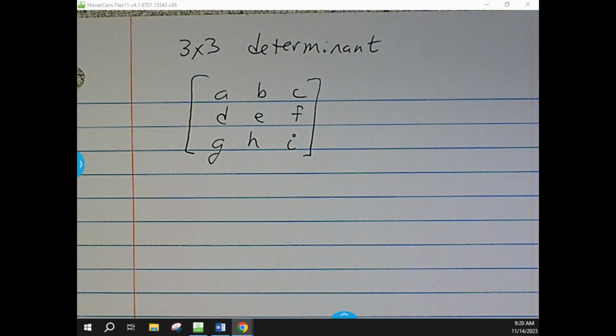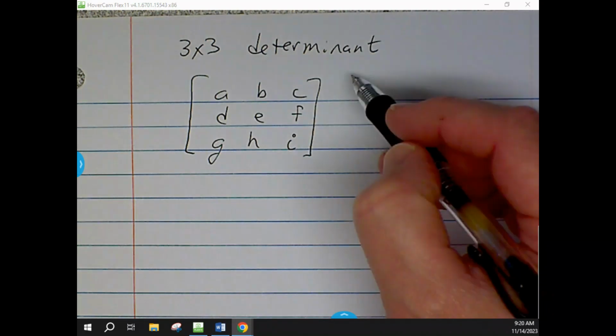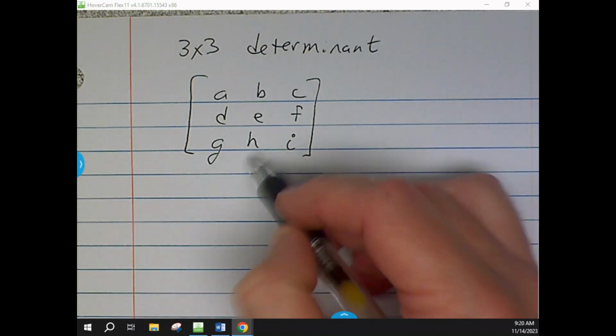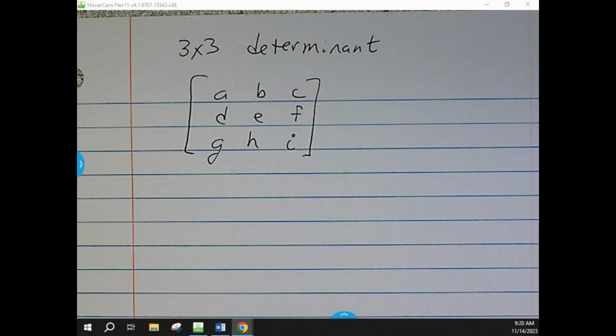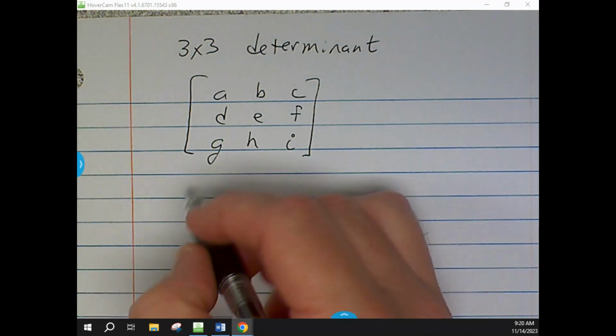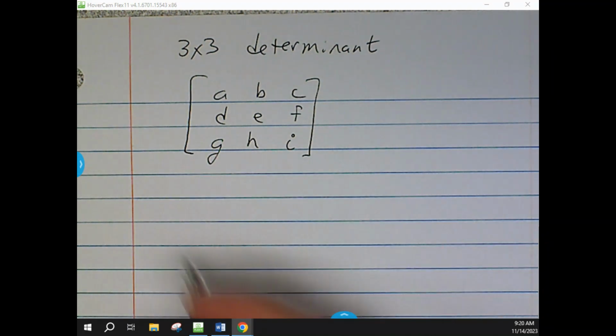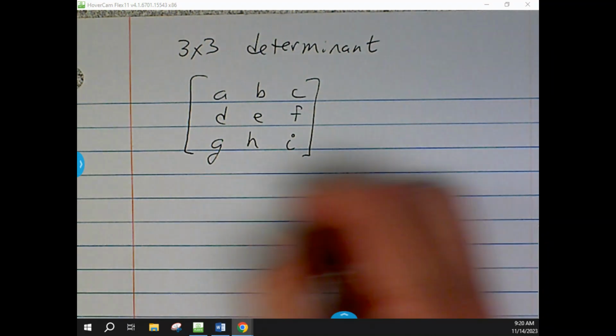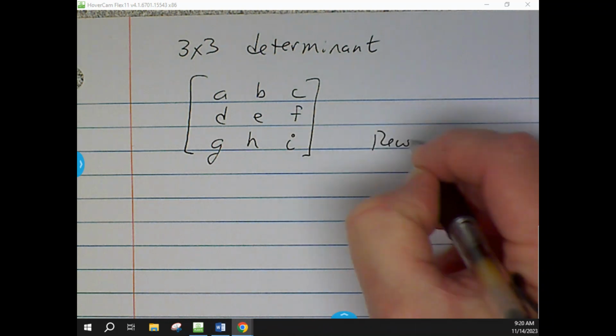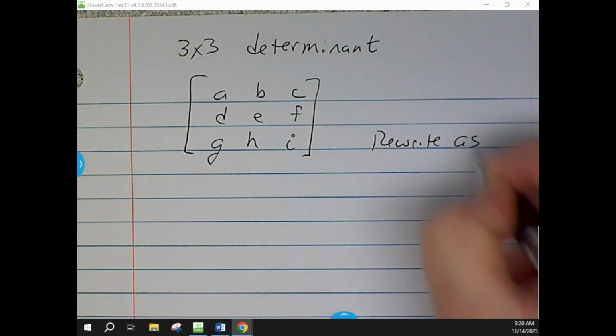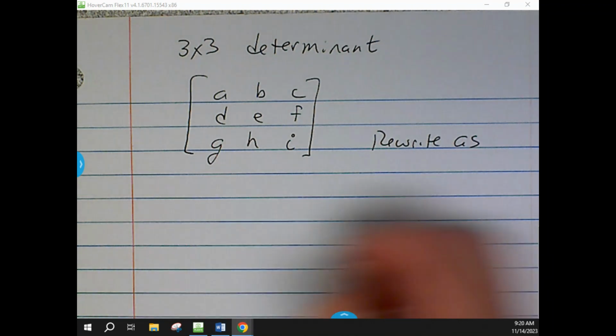Okay, so how can you do cross products if it's 3 by 3? I mean, you could do it here and here, but you're leaving off the D and the B and the H and the F. So what we're going to do for this one is, if you've got a 3 by 3 matrix, you've got to rewrite it first. And again, leave a little bit of room above it because we're going to show all the work above it.